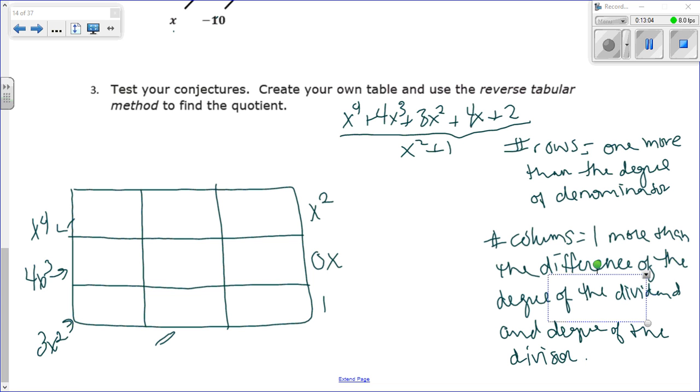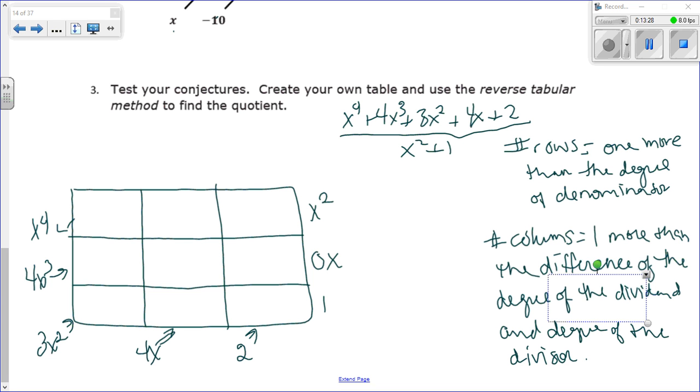This diagonal here would have to be, sorry, it's just 3x. Yeah, 3x squared, so 4x. And then this one would have to be 2.